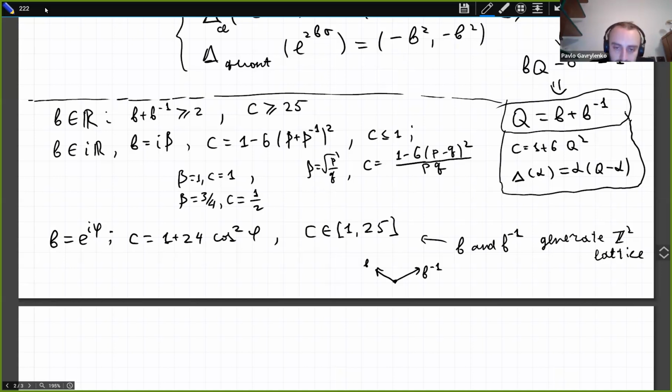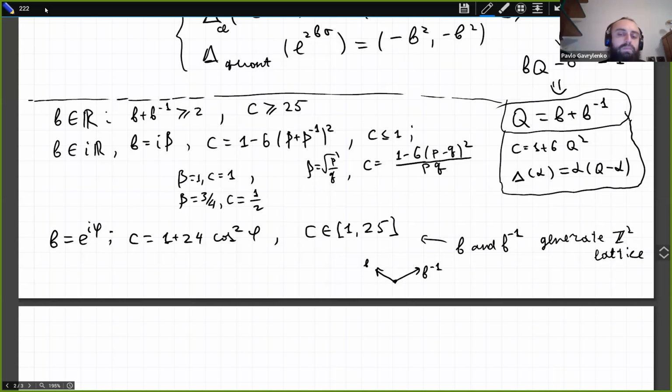But then there can happen two phenomena. First is when b and b inverse are real or purely imaginary, and their ratio is rational. In this case, there are non-constants which are periodic under b and b inverse. And if we are between 1 and 25, then it happens in all situations.